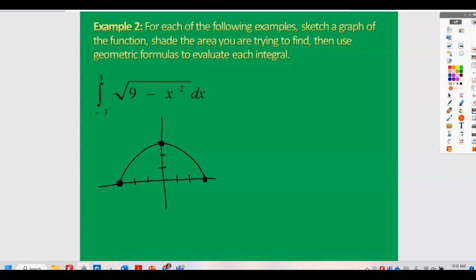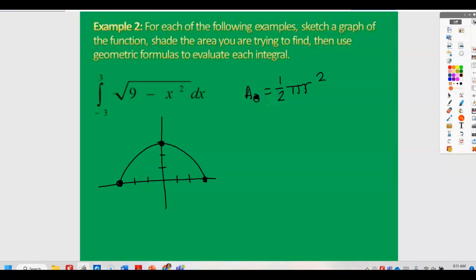So we're going to use the area of a semicircle to find the area under the curve. The area of a circle is pi r squared. Now I only have half a circle, so the area of a semicircle is 1/2 pi r squared.